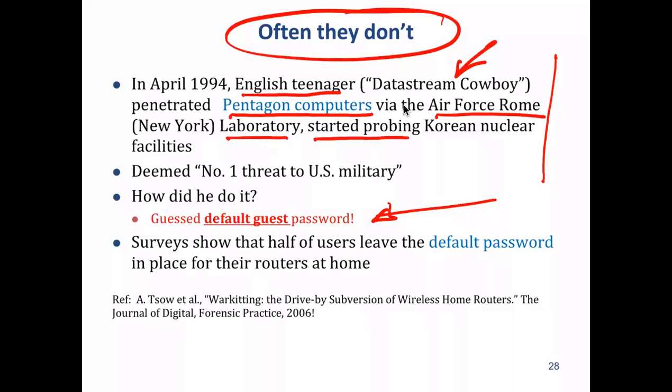And started probing a North Korean nuclear facility, North Korea, of course, being the number one threat to the US military. How did he get into this? He guessed the default password. Now this password, in many organizations, for example a nuclear program, is known to many people. And if somebody can guess the default password, because in many systems passwords are not even changed.